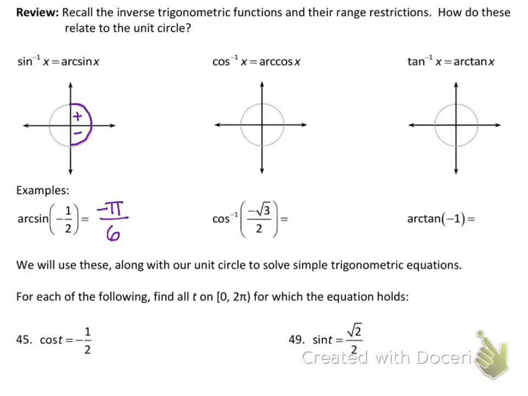Then for cosine, we were in quadrants 1 and 2, where 1 was your positive cosine values and quadrant 2 was your negative cosine values. This one was the hardest because you had to do a little bit of subtraction. If I said go to cosine where you have root 3 over 2, then you would get pi over 6, but you'd have to find the negative value of that and subtract it from pi.